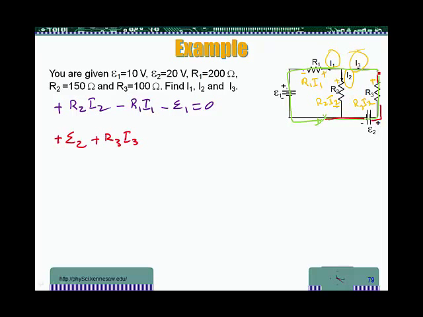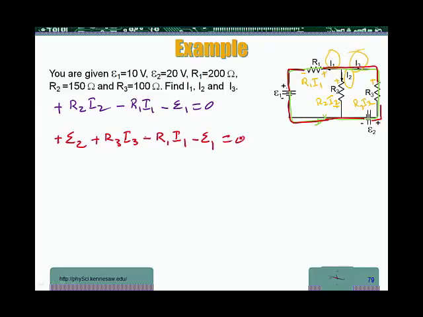And then we met the plus of R1, so it's a decrease in electrical potential, so it's minus R1I1. And then here we met the plus of E1, so it's a decrease in electrical potential, so it's minus E1. And we are back where we started, so this is equal to 0.